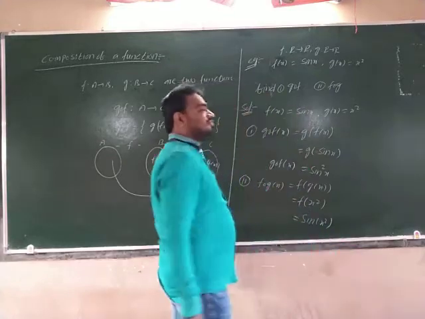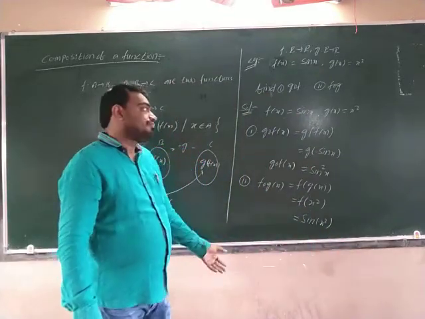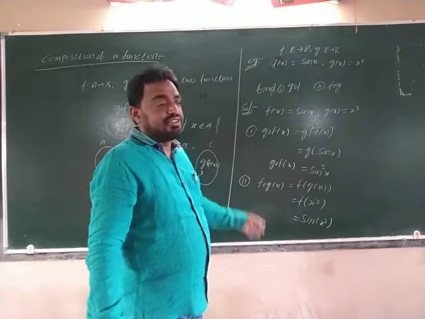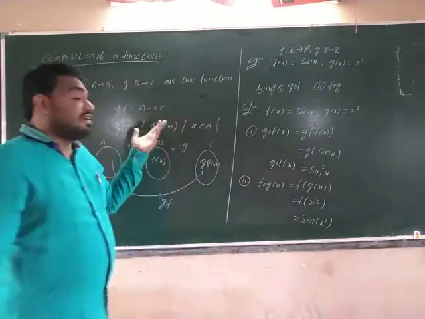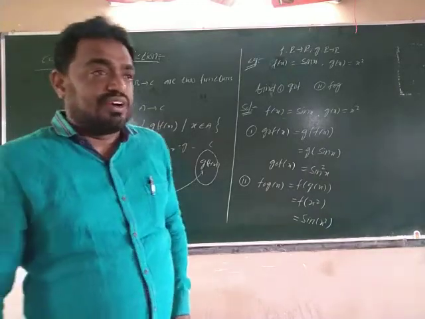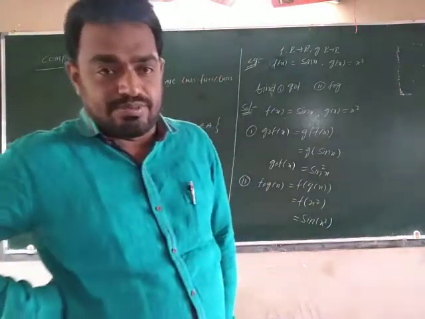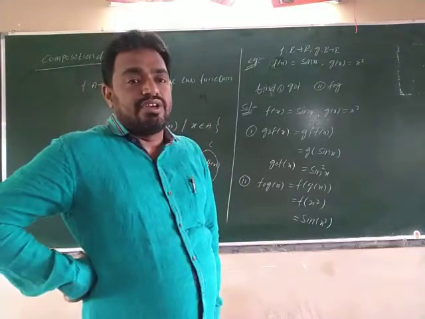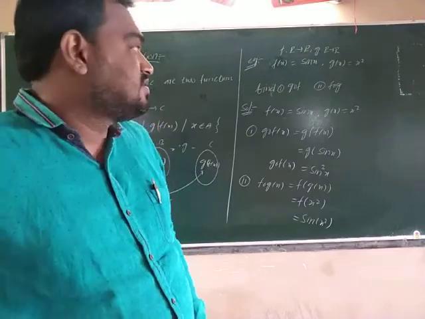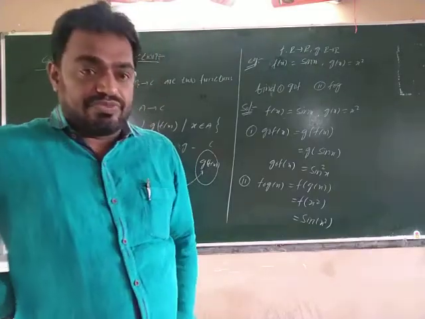This is the answer. These are the composition functions. This is the definition and example of composition of function. On composition of function, we have many example problems and some theorems also. So first we will solve some examples and theorems.